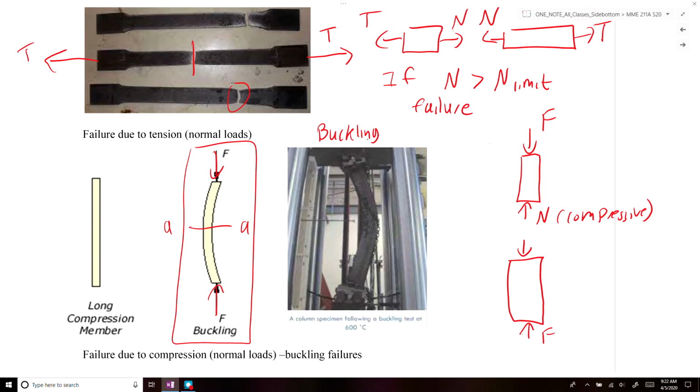And the reason buckling is important is that it typically occurs at relatively small internal loads. So something will typically fail much earlier in buckling than it would fail under the same internal load in tension.